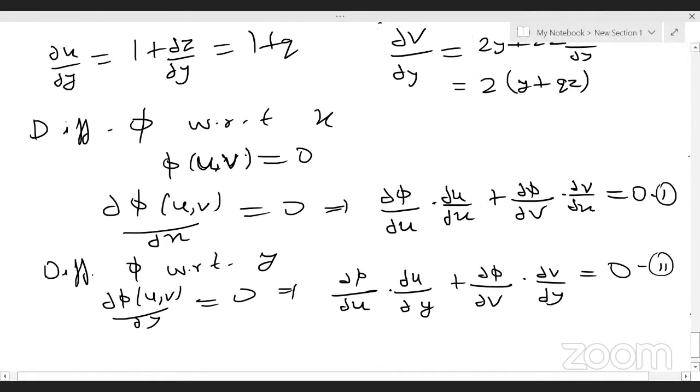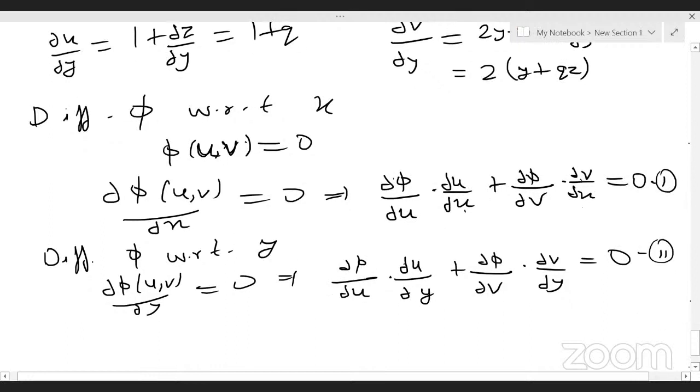Now we know the values of del u by del x, del v by del x, del u by del y, del v by del y. All we need to do is eliminate these del phi by del u and del phi by del v, which can be easily eliminated. Let's see how.